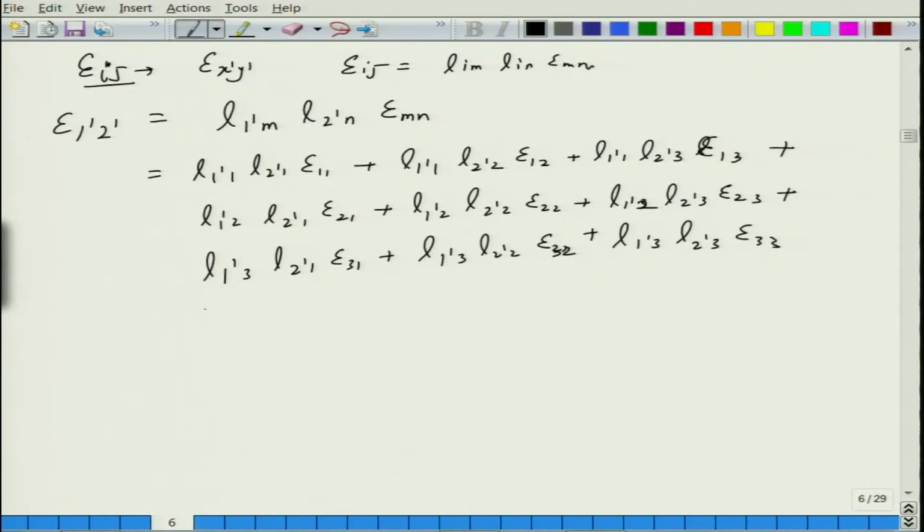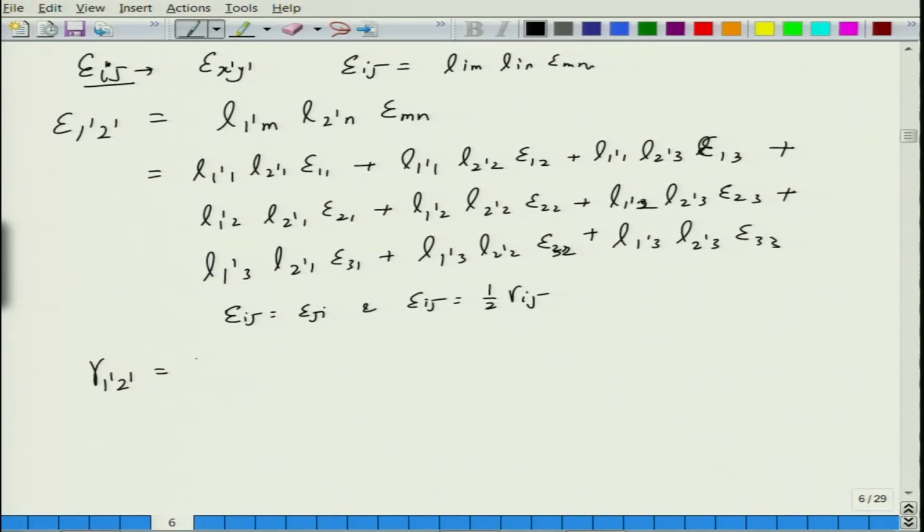So, if you now again modify by making epsilon ij equal to epsilon ji and epsilon ij equal to half of gamma ij, then we can write this in terms of gamma 1 prime 2 prime.